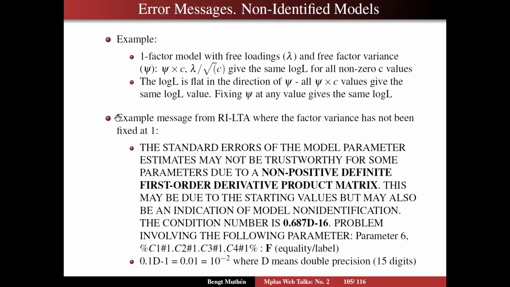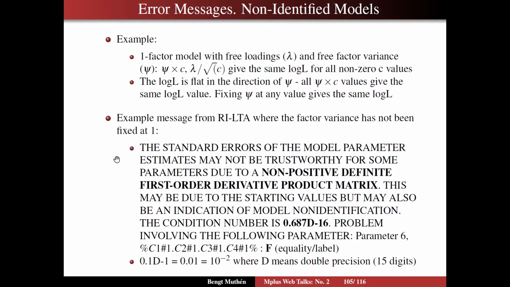As an example, say that you do an RI-LTA, but you've forgotten to fix the factor variance at 1, whereas you have all the loadings free and held equal across time points. Then you're going to get this message. Standard errors of the model parameter estimates may not be trustworthy for some parameters due to a non-positive definite first-order derivative product matrix. So that's the MLF check, the sensitive one.